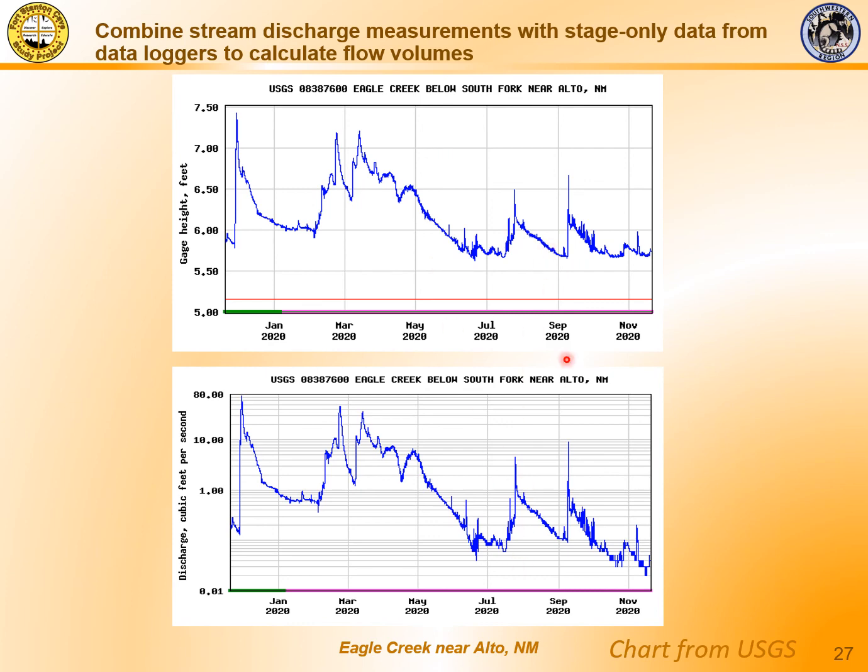But if you look, the data are remarkably similar, and that's because we take the stage-only data, which are recorded at 15-minute intervals. You use the stage discharge curve to compute discharge at every point in time. So this instrument is recording stage every 15 minutes.